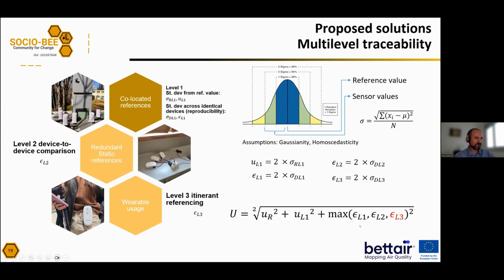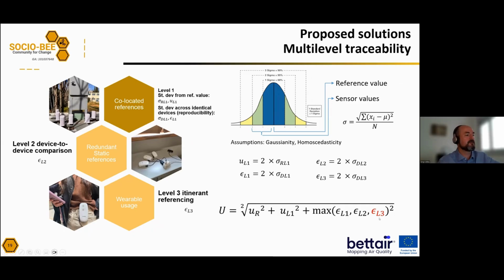Level 1, we could place here also at calibration, but it will also be lower, so it wouldn't make sense. So device-to-device dispersion either in collocation, or at level 2, the device-to-device estimated dispersion at the reference points, or at level 3, which is estimated in this process of getting a citizen scientist with his or her device close to the reference point and seeing what the discrepancy is.